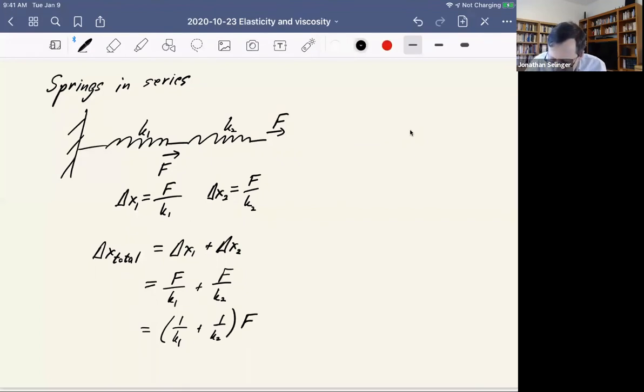So this whole thing is a 1 over K effective for the springs in series. So this tells us that for springs in series, we don't add up the Ks, we add up the reciprocals of K. This comparison of series versus parallel might be familiar to some of you if you studied electrical circuits, right?